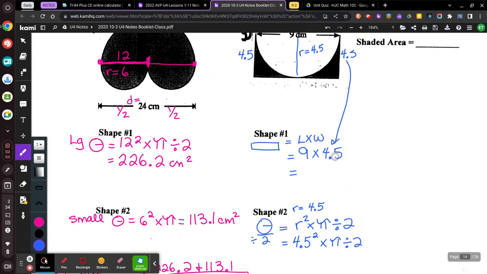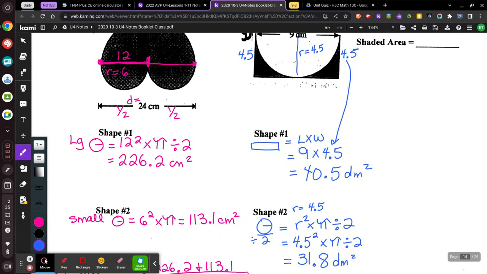So sometimes the numbers aren't there to begin with, but you can figure them out by doing the question. So to figure out my rectangle now, I'm going to get 40.5 decimeters squared. And my half circle is going to give me 31.8 decimeters squared.